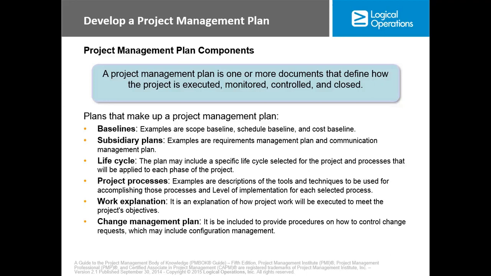Now, work explanations rather. It is an explanation for how work will be executed to meet the project objective. You have the change management plan. It will be included to provide procedures on how to control change requests, which may include configuration management.